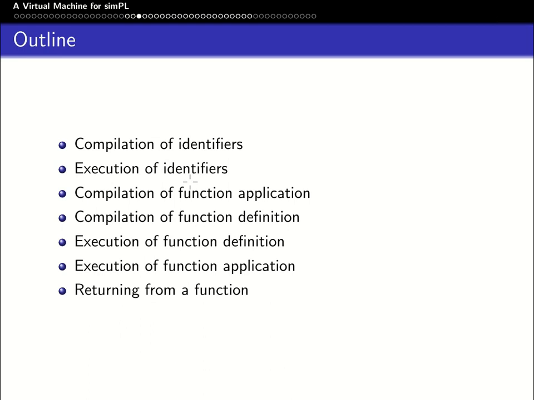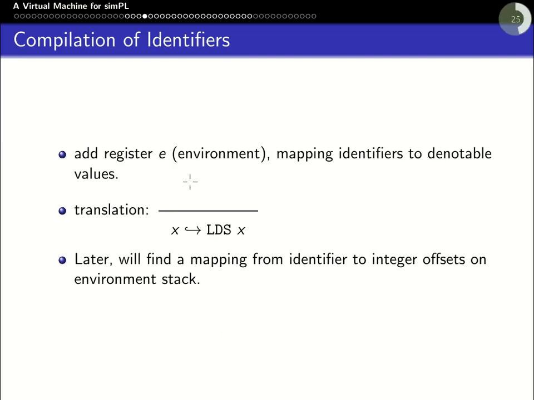We have to compile identifiers, we have to execute, we have to compile function application, we have to compile function definition, and each of these things needs to be executed. And then at the point of completing the execution of a function, we have to return a value to the outer environment. Okay? So we're going to try to go through all these.